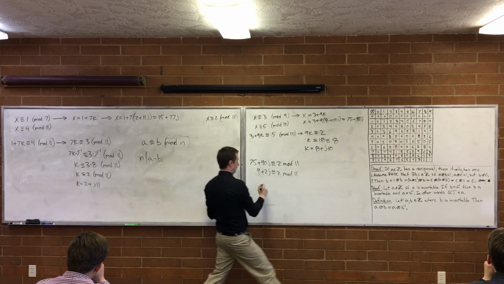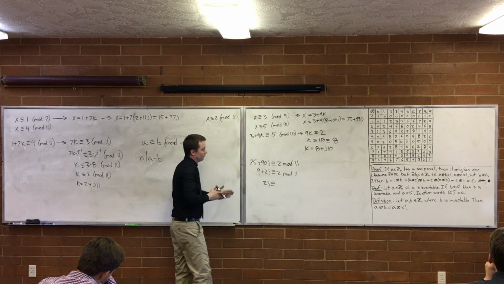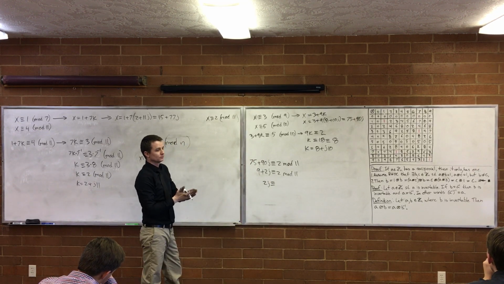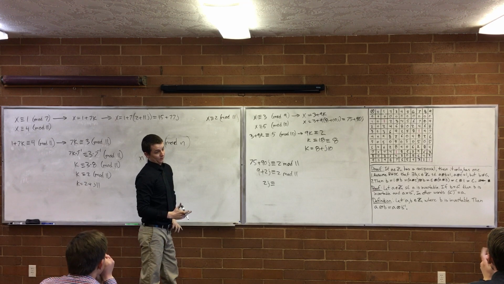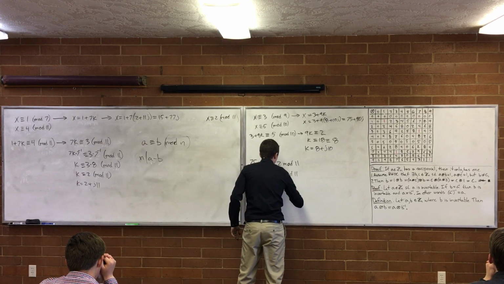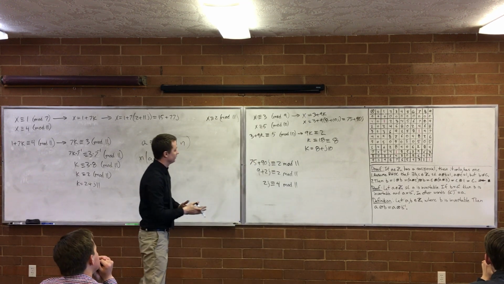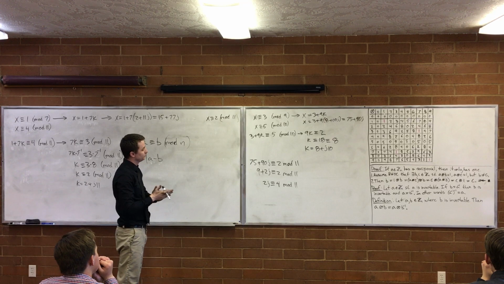Subtract 1 from both sides, and we get 2j is congruent to, what goes here? 1. 2j is congruent to 1 mod 11. Now, what's the multiplicative inverse of 2 mod 11?